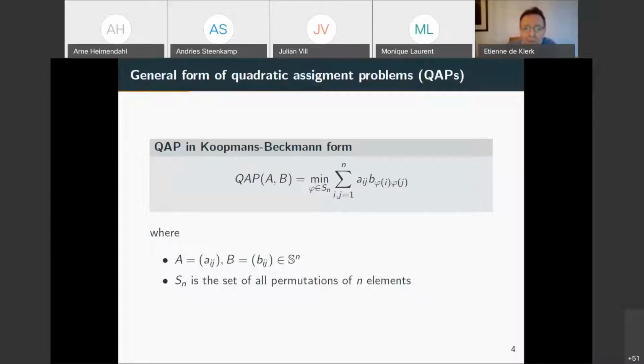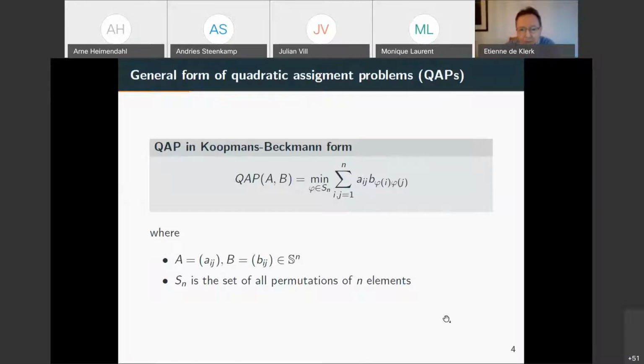What we want to do is sum the entries of A times the entries of B after allowing ourselves to permute the rows and columns of the matrix B. Formally, we are minimizing over all permutations of n elements, where phi is a permutation, an element of the symmetric group of order n, and we are trying to minimize this expression.